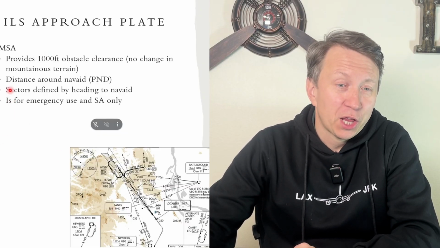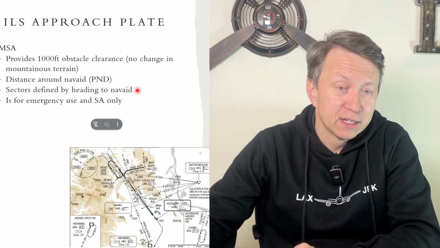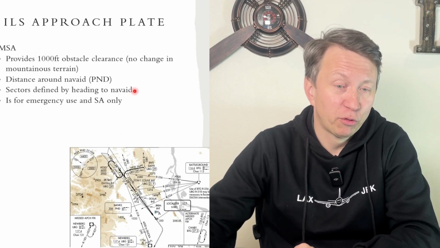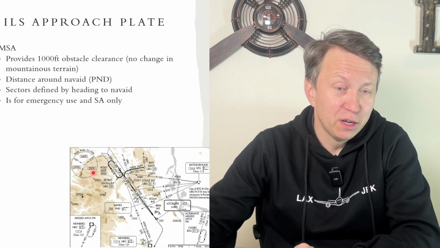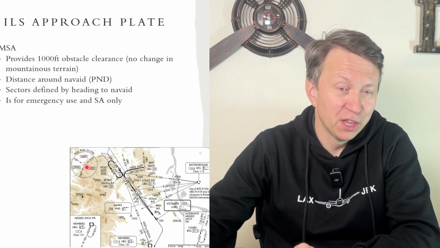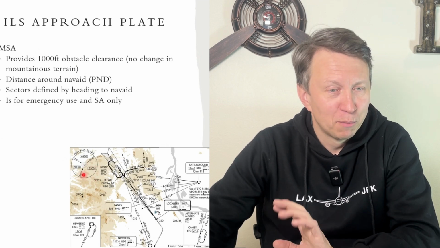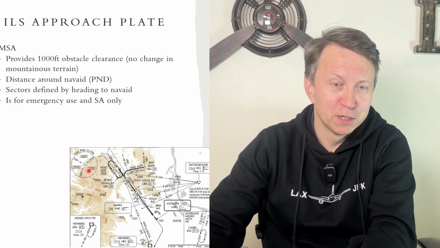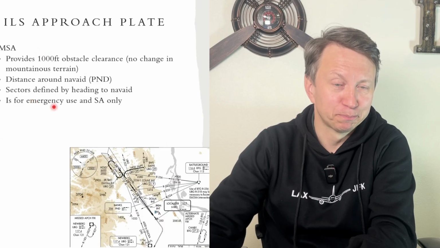Oh yes, and another thing, the sectors on that MSA chart are depicted by the heading to navigate, not from. So being in a sector, you have to know what your heading to the navaid is and then put it between the two numbers on the chart. Probably already spent more than MSA demands, but at least you know how to use it.